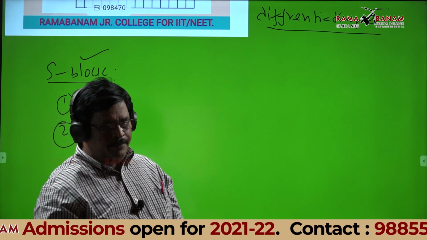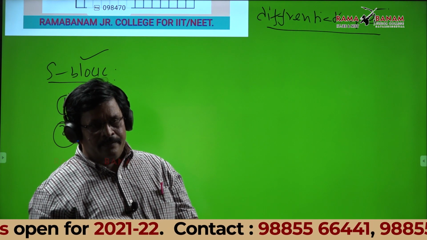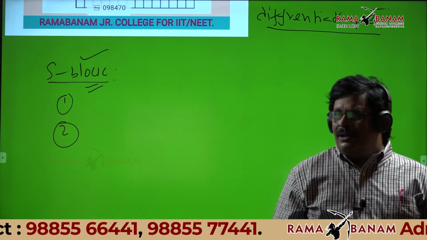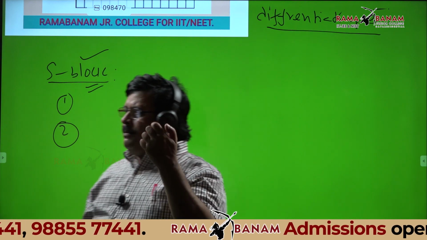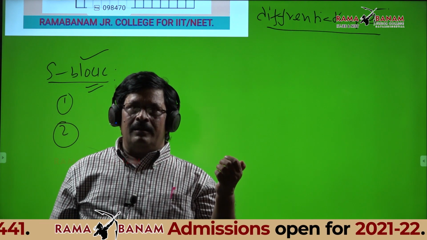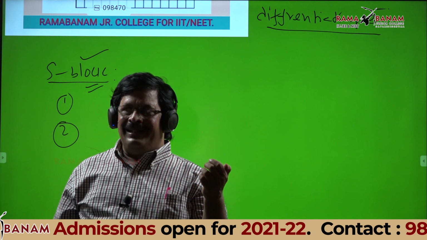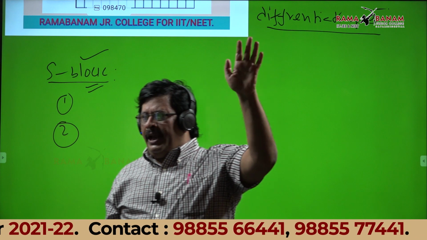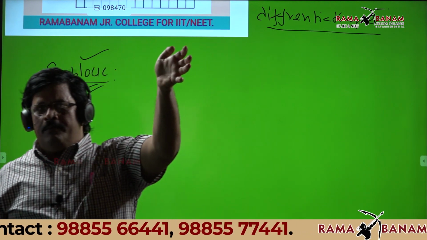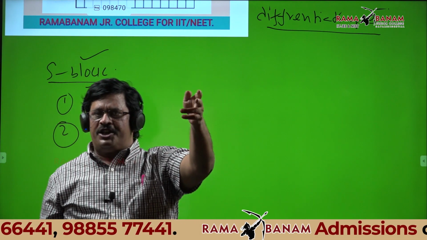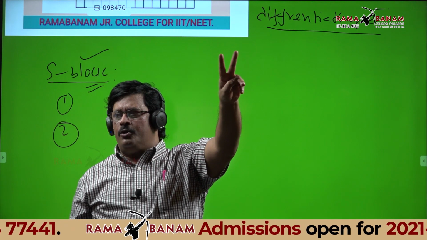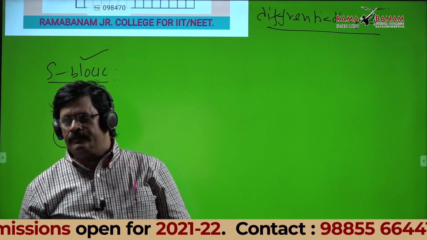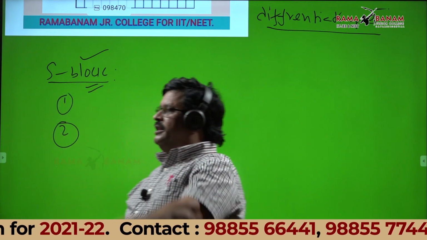Gautam says that in S orbital it can hold only 2 electrons. Jaya says S subshell accommodates 2 electrons, that is why S block contains only 2 groups. Right, point number 2.